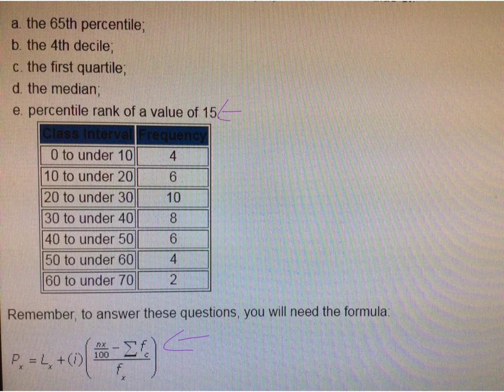So for the 65th percentile, you're looking for P65 equals, and we're going to use the formula from the bottom of the page. Lx is the lower limit of the class containing the x percentile, and so we need to put that in. The thing that we don't know yet is where to find this particular value, and so we have a total in the cumulative frequency chart here as we're adding up.